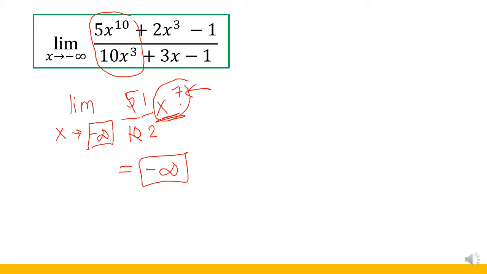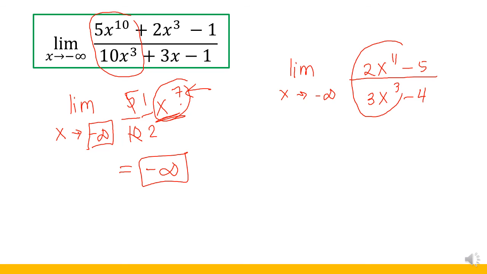We're asked, what if this happened to be, say, 11. So say we're given, for example, the limit as x approaches negative infinity, let's change the values of the given. So say we have 2x to the 11 minus 5. Then for the denominator, say we're given 3x cubed minus 4. As we said, we just have to consider the leading terms.